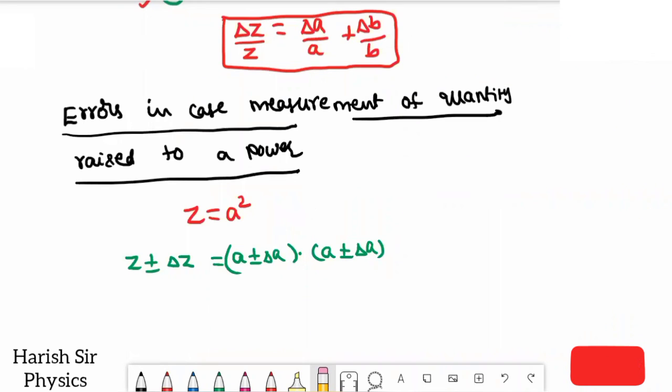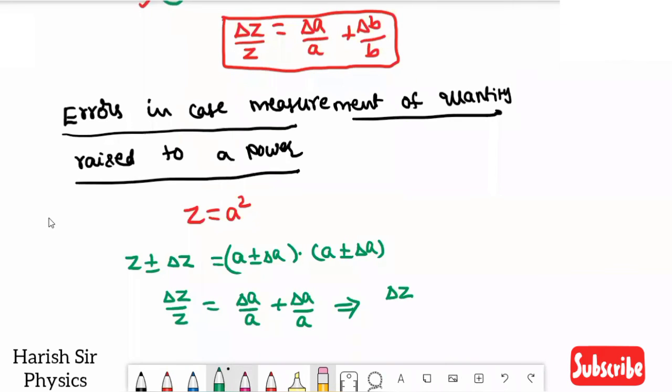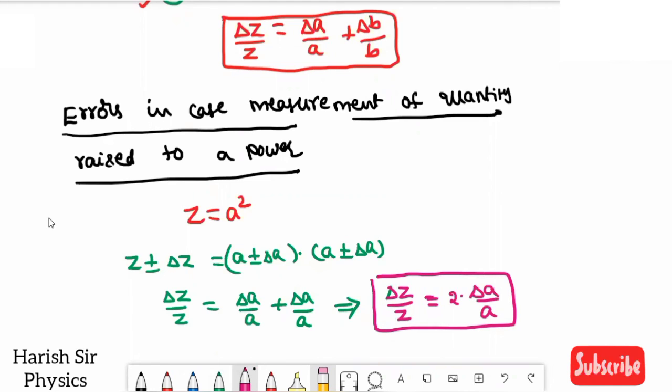So if you take the error in this, delta Z by Z is equal to, error in the first one, delta A by A. We already saw the product concept here. So delta A by A plus delta A by A. That means delta Z by Z is equal to 2 into delta A by A.